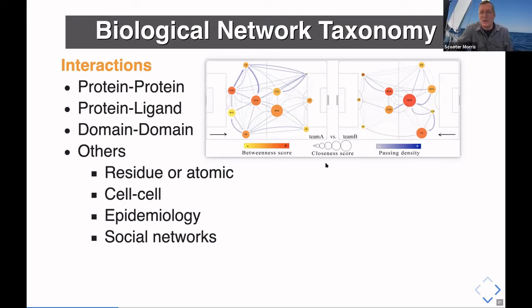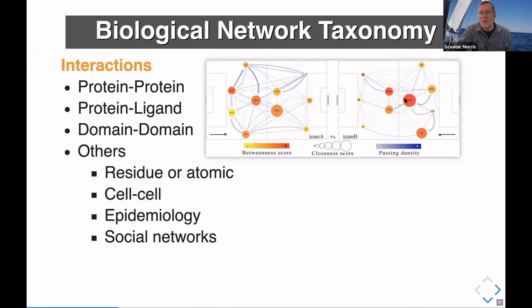And somebody used Cytoscape to analyze two teams. They were looking at the passing density, in terms of the thickness of the edges, and the betweenness score. And we'll talk a little bit about betweenness, but you can see here that in this case, this team, everybody went through this person, right?